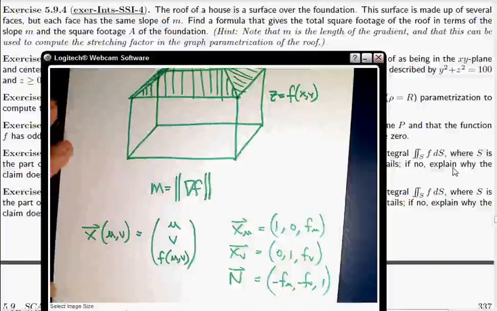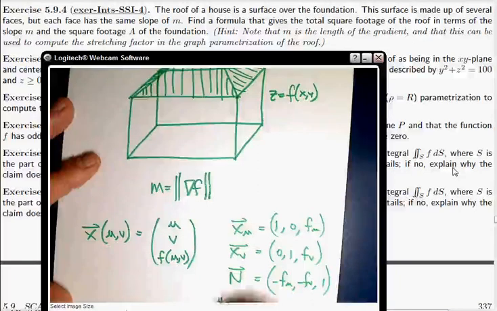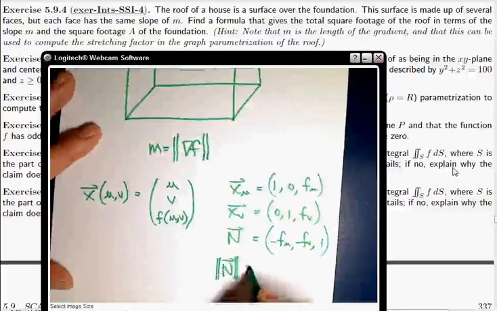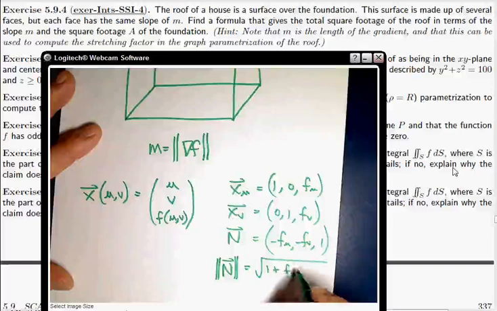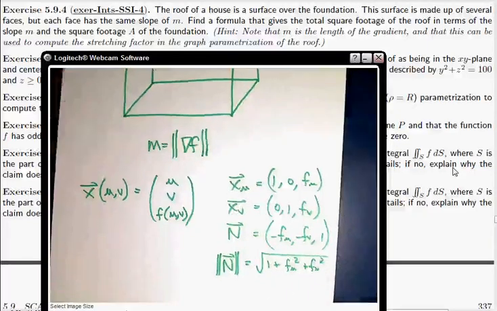And then our stretching factor, there's so many calculations in this, but the length of capital N is our stretching factor, and that ends up being the square root of 1 plus f_u squared plus f_v squared. We still don't know what these functions are. I claim that they're going to disappear in just a blink of an eye here.